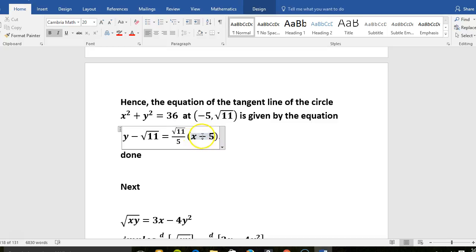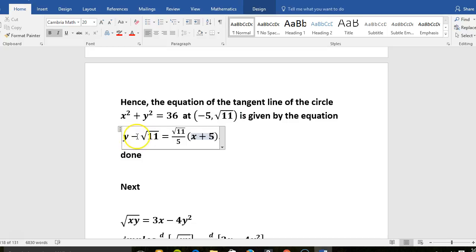But remember, we're doing x minus a negative 5. That turns into x plus 5, okay? Because we're doing x minus an already negative 5, so that's x plus 5. Our slope is radical 11 over 5. My y-coordinate is just plain radical 11, so y minus y naught is just y minus radical 11, because y naught is directly radical 11.